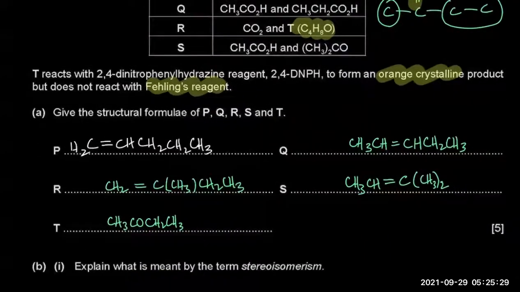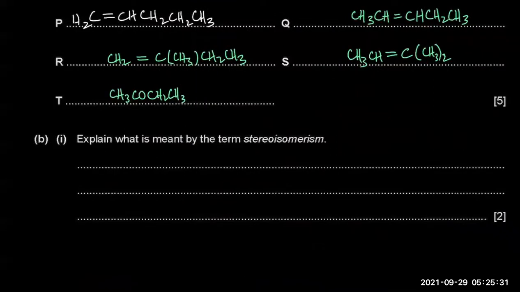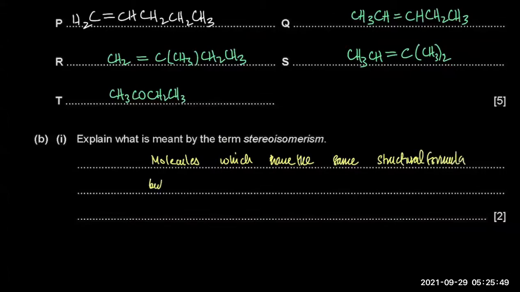All right, explain what is meant by the term stereoisomerism. Molecules which have the same molecular formula, obviously, but also the same structural formula, okay, but different arrangement of atoms in space.